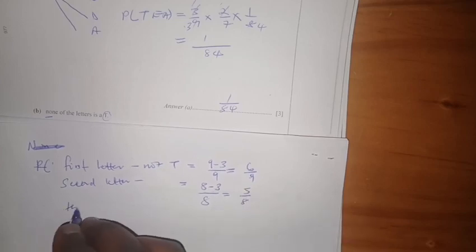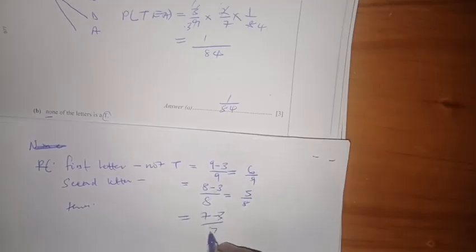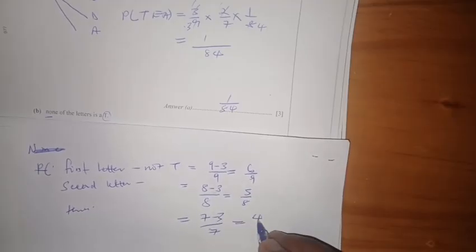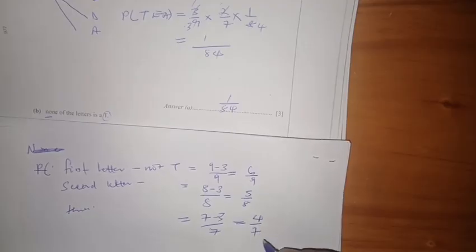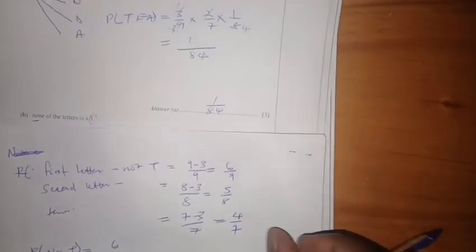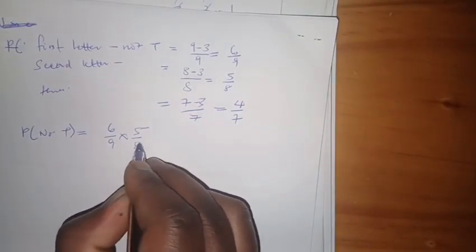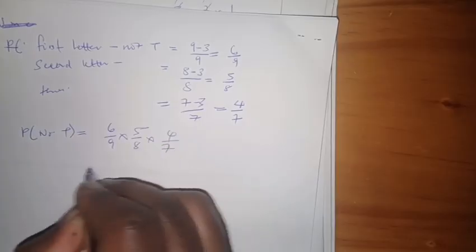Then the third letter, similarly, 7 minus 3 over 7, which is 4 over 7. So the probability of no T is 6 over 9 multiplied by 5 over 8 multiplied by 4 over 7.